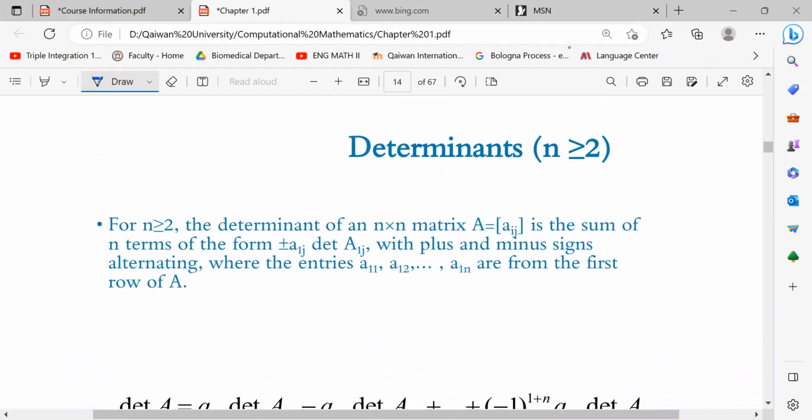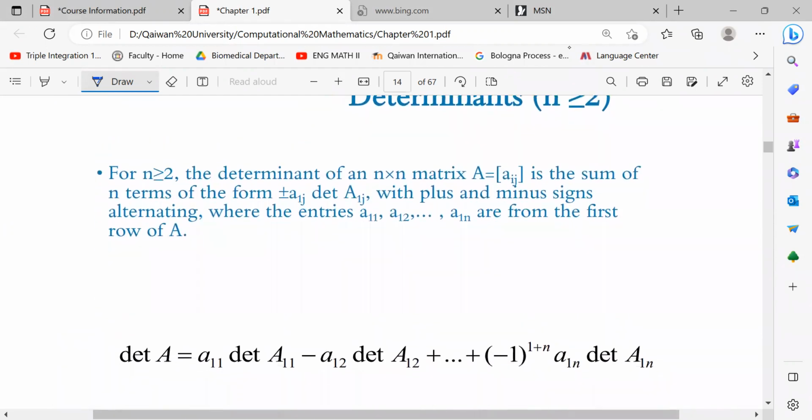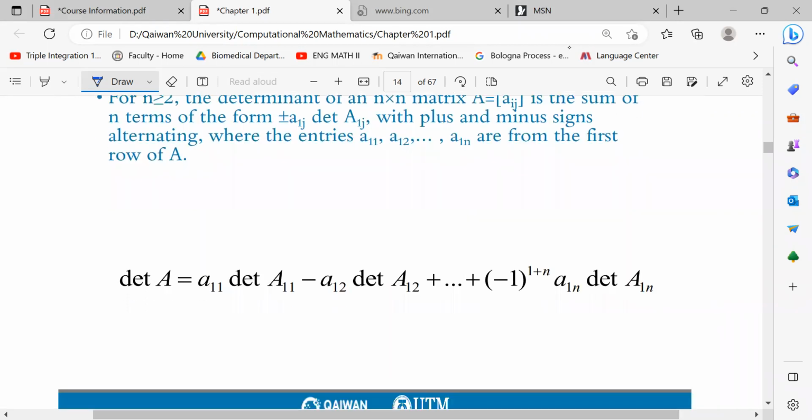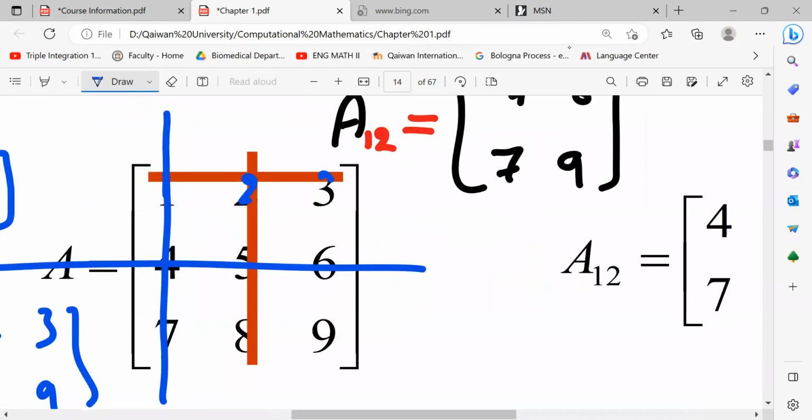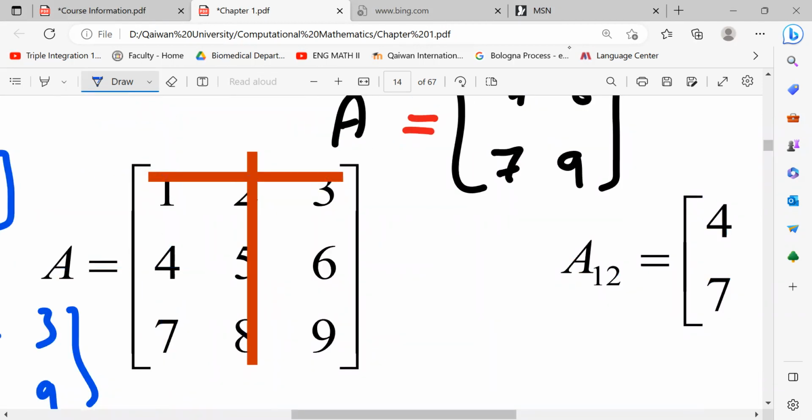For finding the determinant of a square matrix of size 3, let's say we have an n by n matrix A. This element is little a11, because it is the element of the first row and the first column.